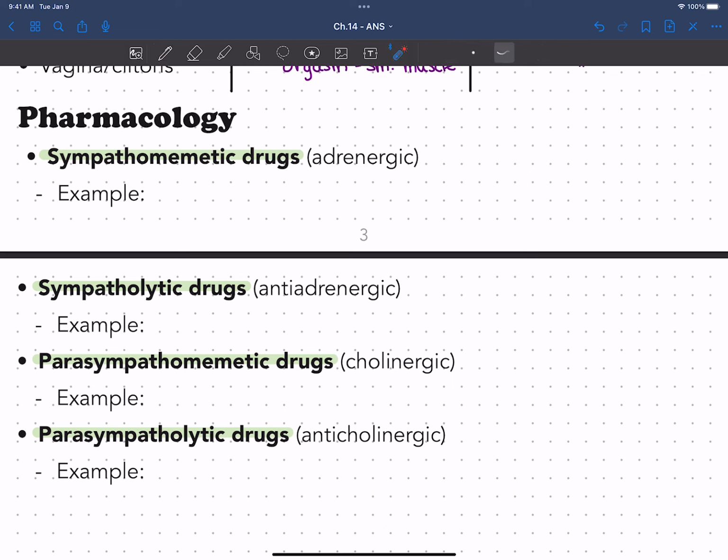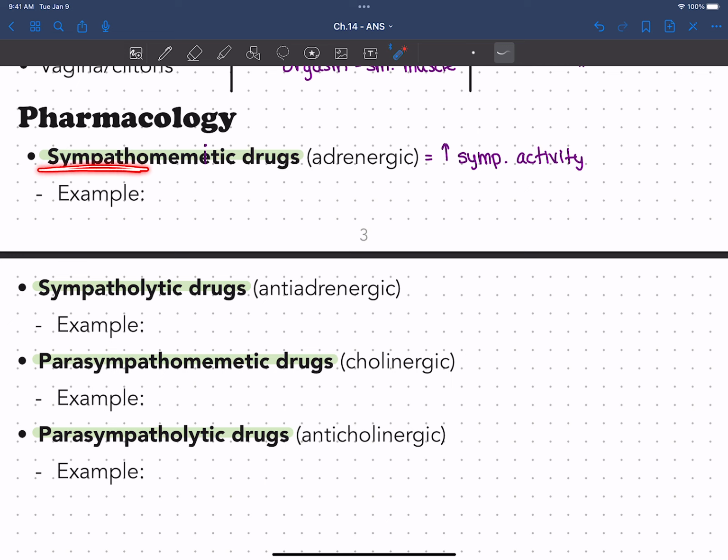All right, so our first category of drugs is a sympathomimetic drug. These are also called adrenergic drugs, and that is because they increase sympathetic activity. All right, and so the name kind of tells you that, right?